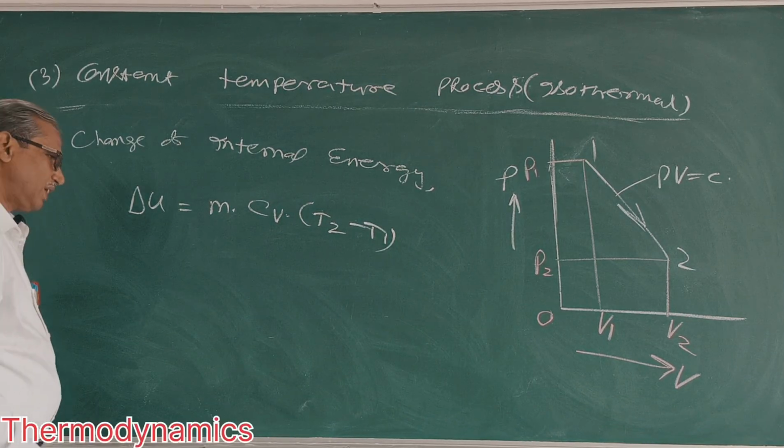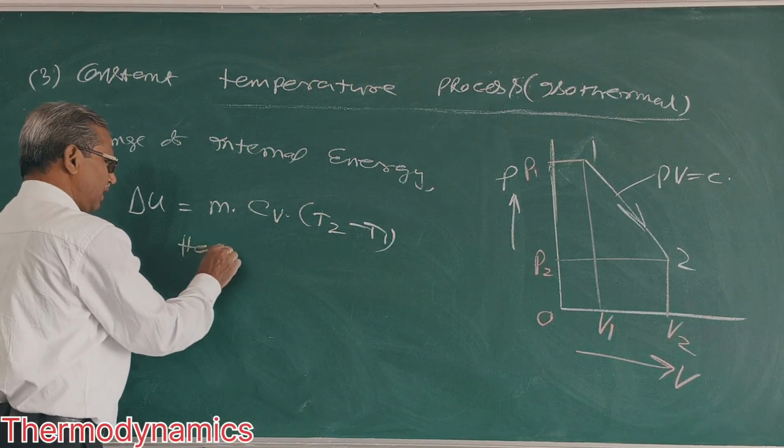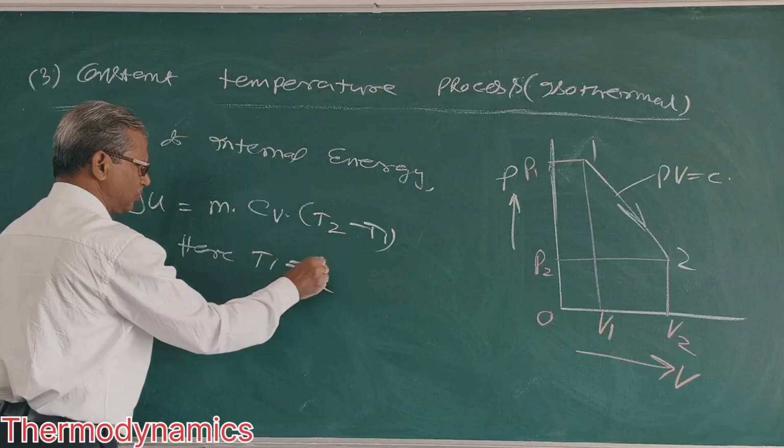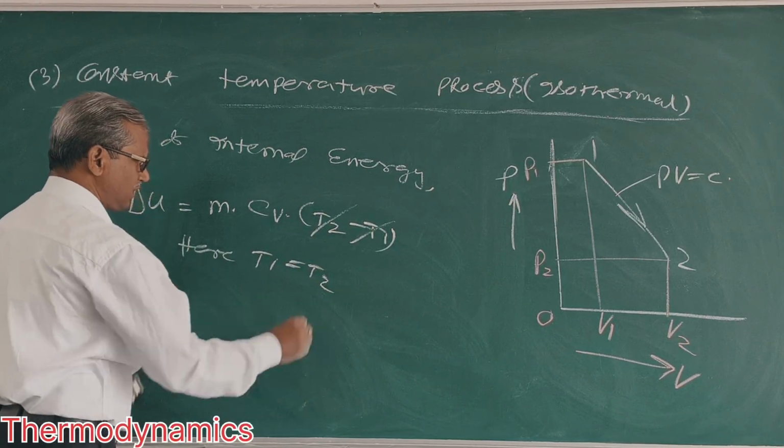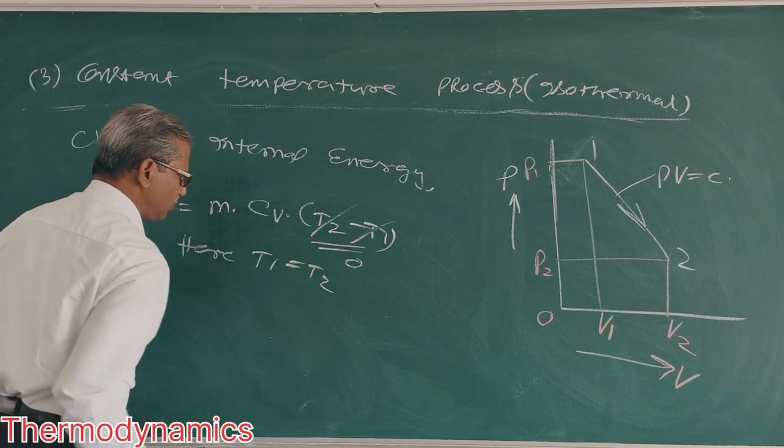Here T1 is equal to T2, so this cancels out. This is 0. So delta U is equal to 0.